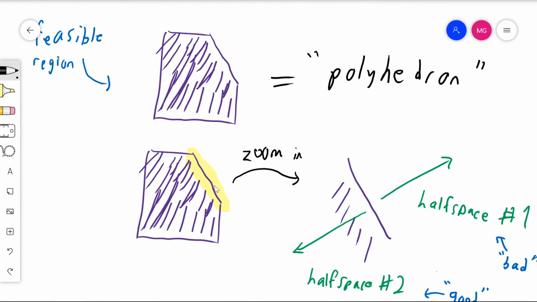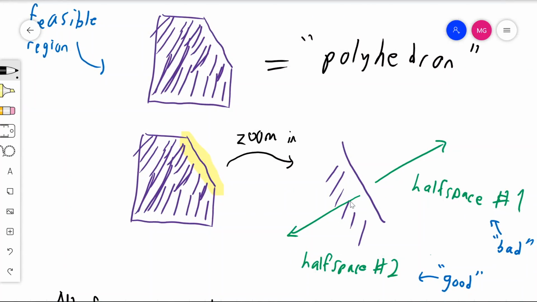So look at one particular constraint, for instance, that diagonal downward line. If we zoom in on that, I've highlighted it here, what you're seeing is that we have that line, and then that line splits all of two-dimensional space, all of R2, into two sides: a side on the right of it and a side on the left of it. We just call those half spaces.